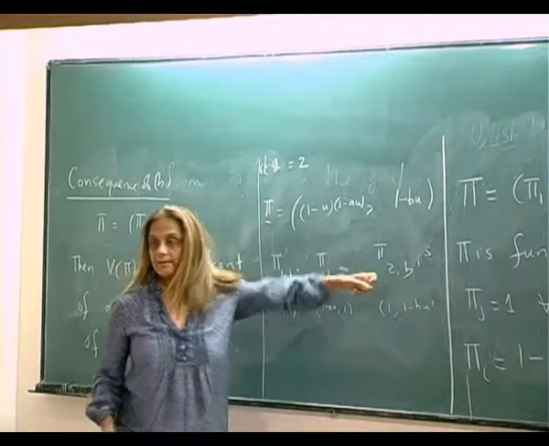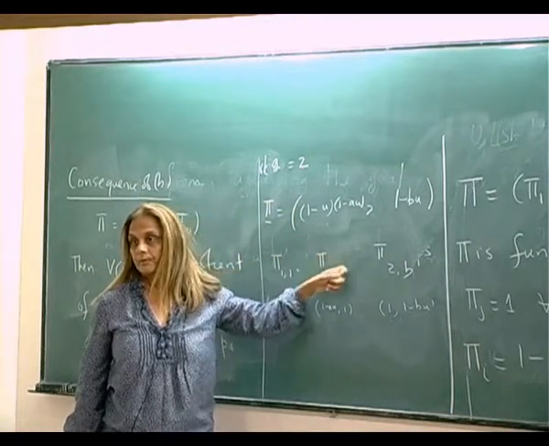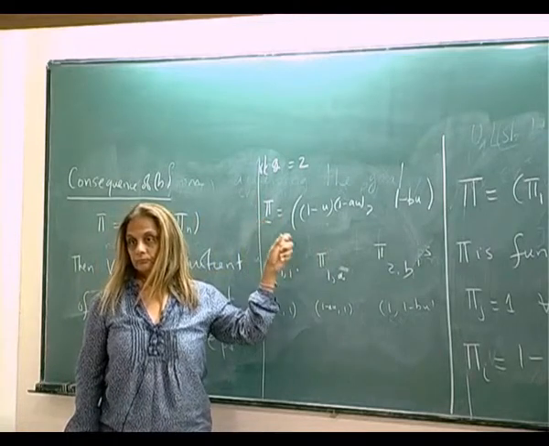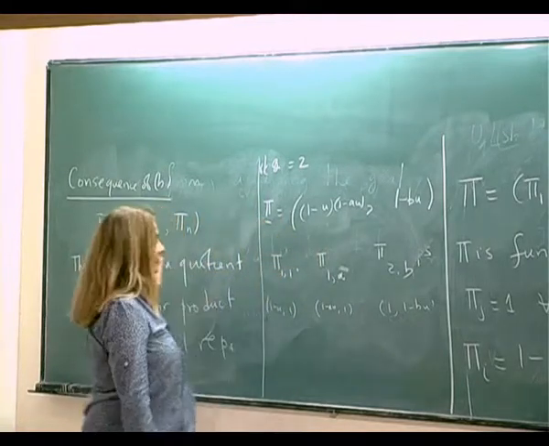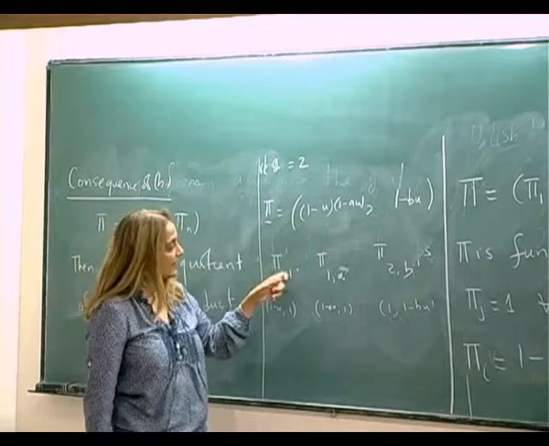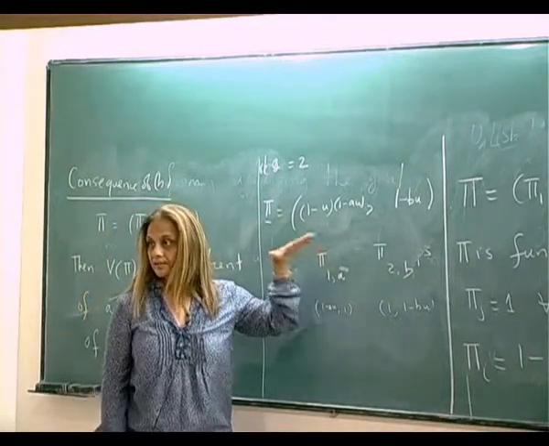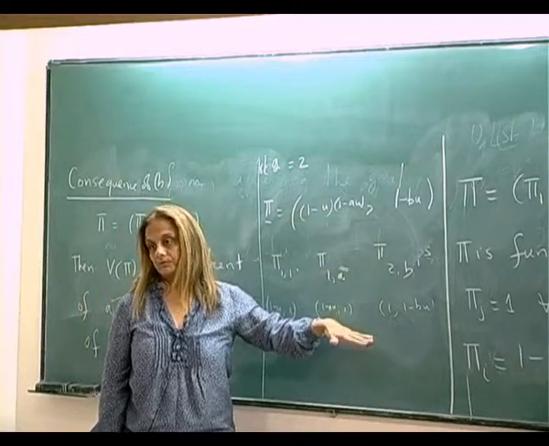So if I multiply this up, I'm going to get exactly pi. And so what this result says is I can take the tensor product of these things in some order so that it's cyclic and V_pi is a quotient of them.